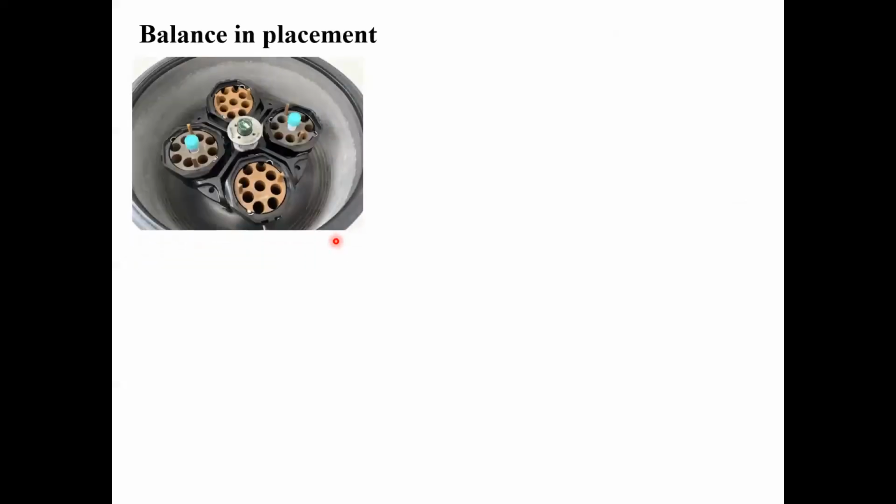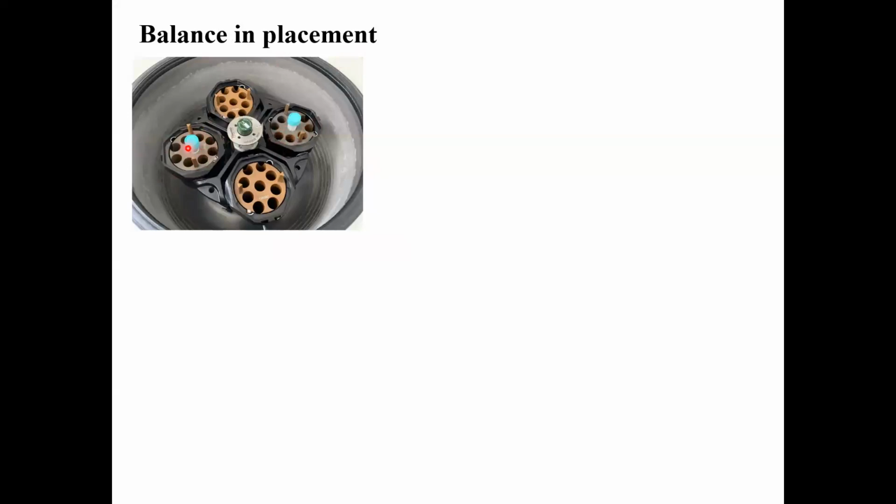Now when we do this experiment, we're going to be using this large centrifuge. You can see here we are balancing in terms of placement. We have our large tubes in this swinging bucket type of centrifuge. They are placed opposite to each other, so they are balanced in terms of position.